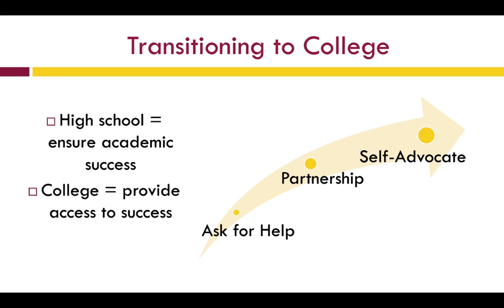As students ask for help from the university, we can form a partnership and support you as you advocate for yourself. Accommodations help to level the playing field and ensure that every student has the chance to succeed in higher education. And you will find more support and resources through Loyola's Learning and Student Success Initiative.